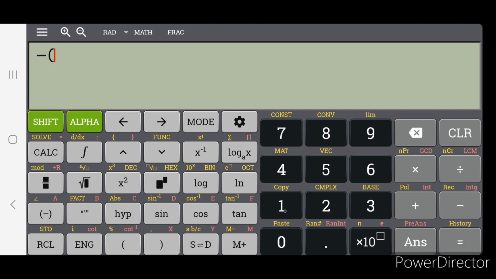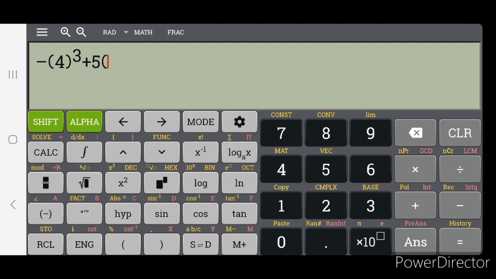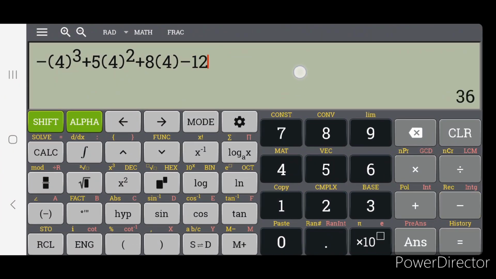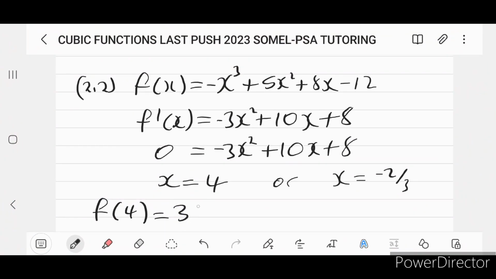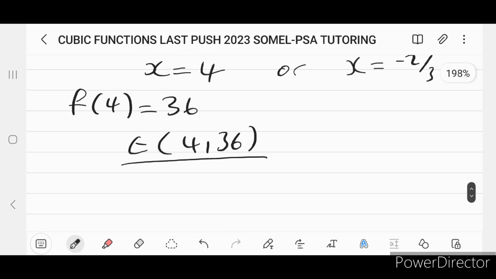So this is negative 4 cubed plus 5 of 4 squared plus 8 of 4 minus 12. So that is 36. So the coordinates of E is (4, 36). So those are the coordinates of E.